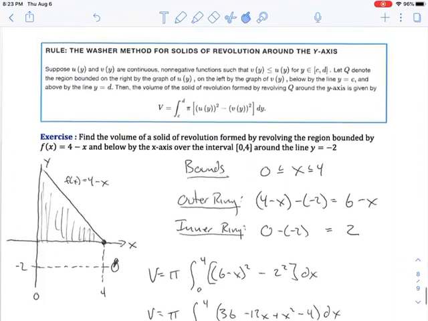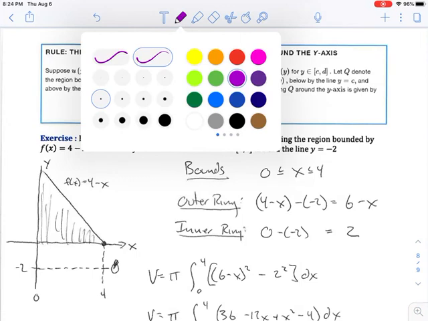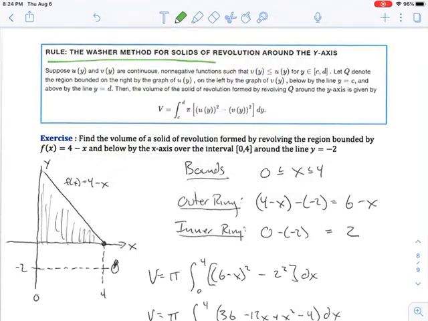All right, now here it talks about the washer method for solids of revolution around the y-axis, but that's not what the following problem is about. The following problem is similar to the last one, but we can revolve around the y-axis.